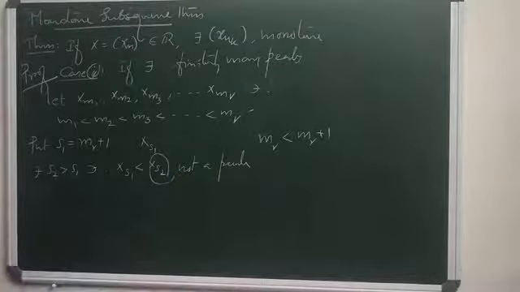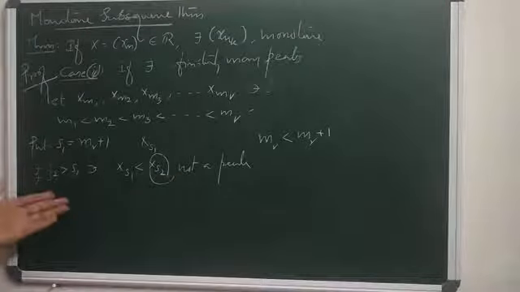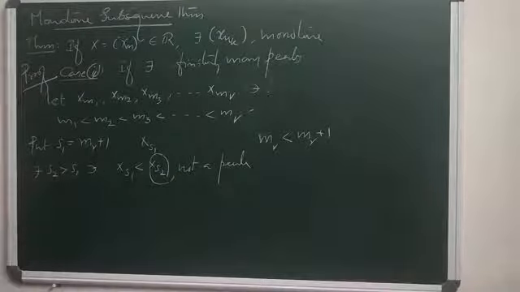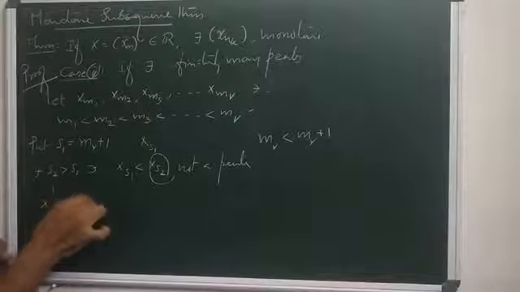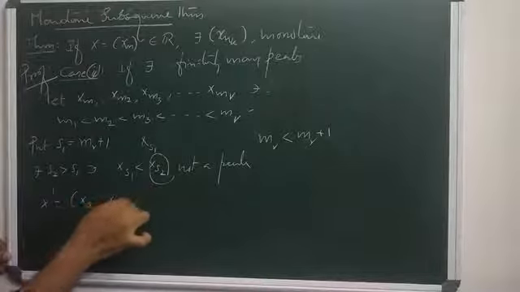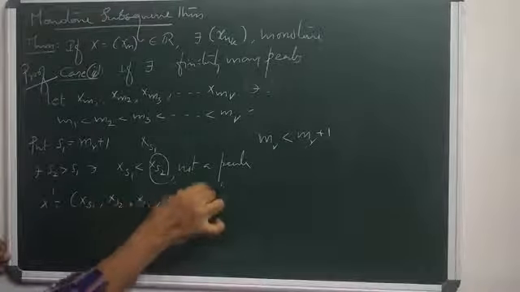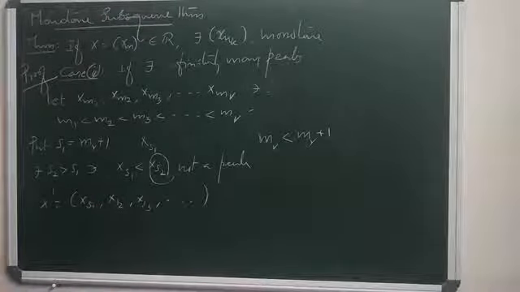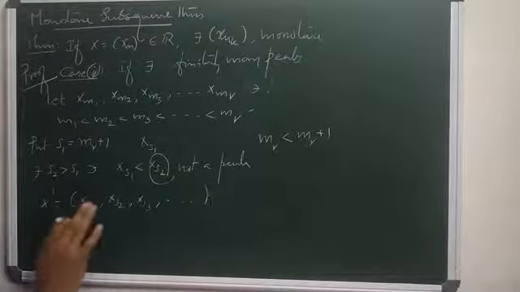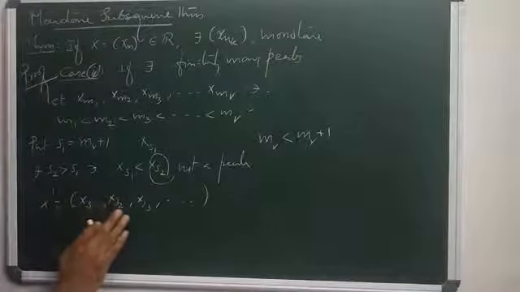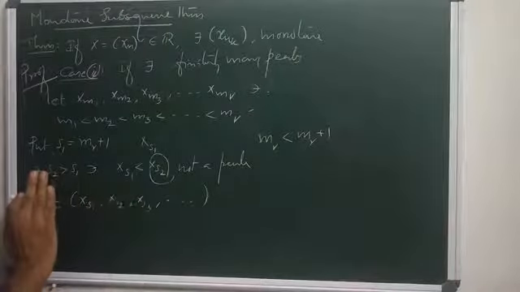Similarly, there exists s3 greater than s2 such that xs2 is less than xs3, and xs3 is not a peak. Proceeding like this, we get a subsequence x double dash equal to xs1, xs2, xs3, and so on, which are all not peaks. xs1 is not a peak, xs2 is not a peak, xs3 is not a peak.